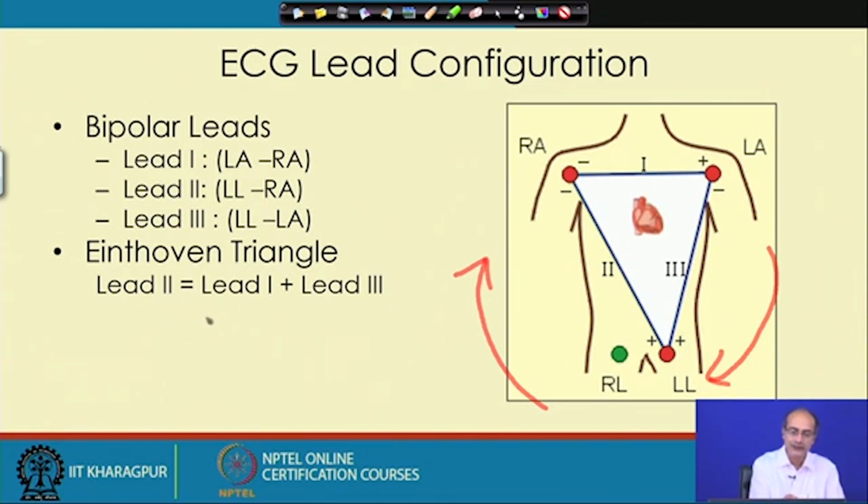We can also see that in the graph. As it forms a triangle, it has been named after the inventor of the ECG signal, Einthoven, and this triangle is known as the Einthoven triangle.